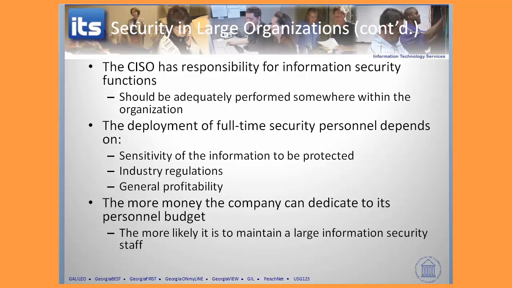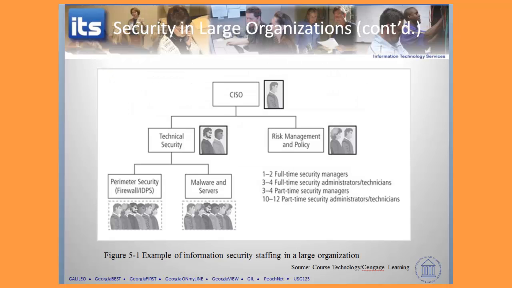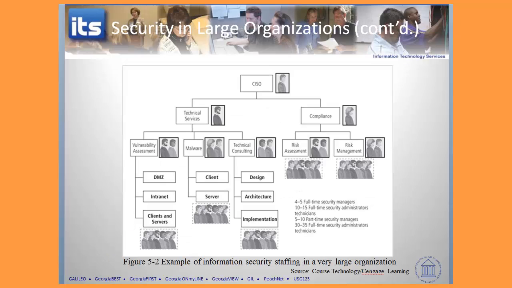So let's again look at some typical structures. Here's one where you've got it split out with technical security and risk management and policy in 2 separate groups. Here's one example of how you might configure it, and then of course you've got some subgroups under that technical security component. Let's look at another example.